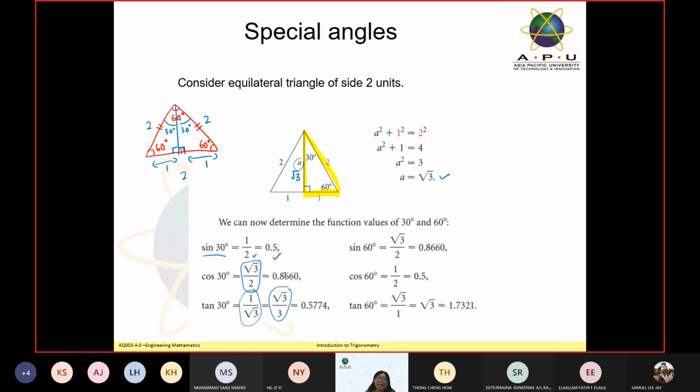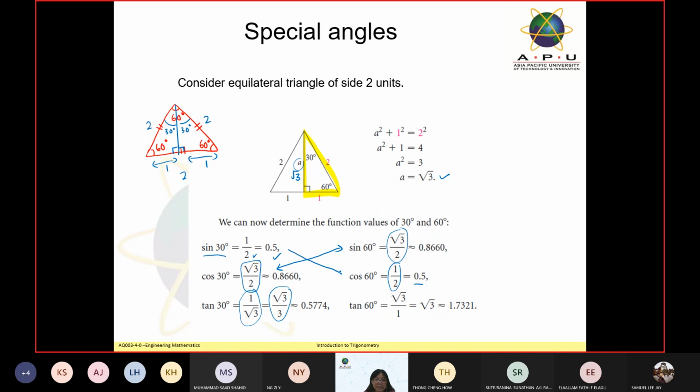Then move on to sine 60. Sine 60 is square root of 3 over 2. You see the value in surd form. Then cos 60 will be 1 over 2, which is half. Do you realize that cos 30 and sine 60 are actually the same value?